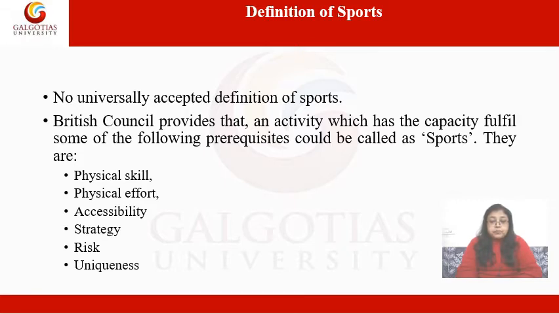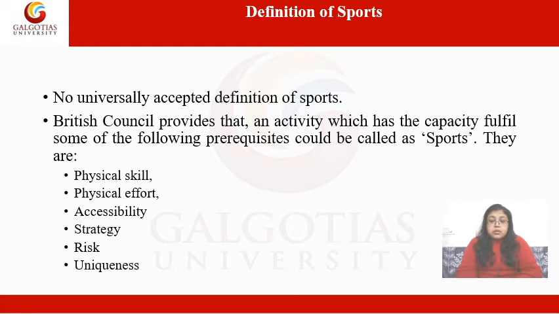Then there is a risk involved. The level of the risk may depend. It's not that it has to be very, very risky. But there is some risk in the sense that there is some opportunity to get it wrong. So that element should also be involved. And of course, uniqueness.